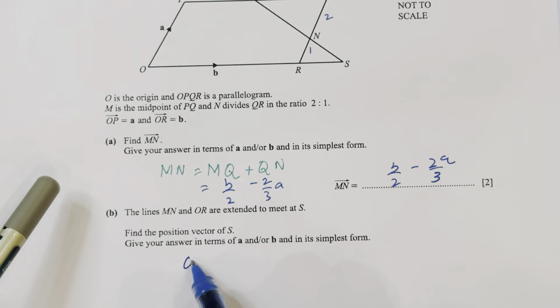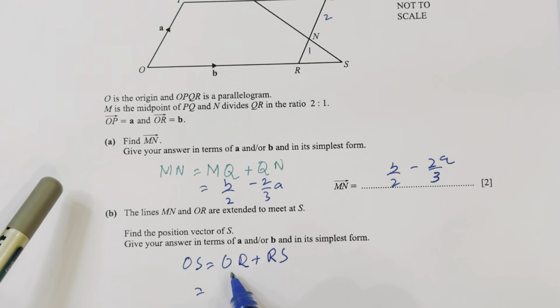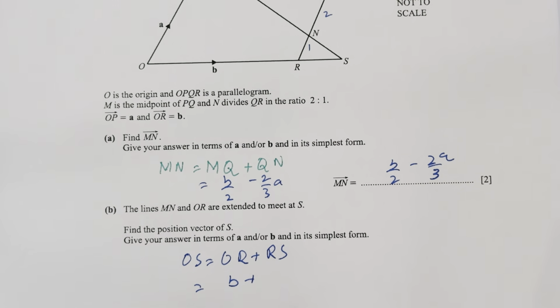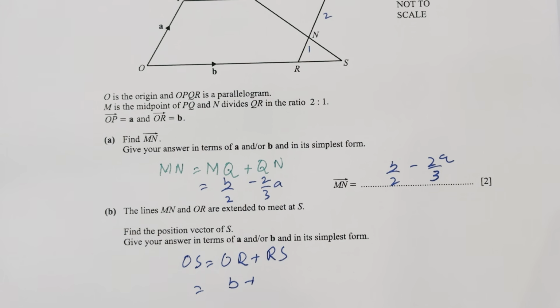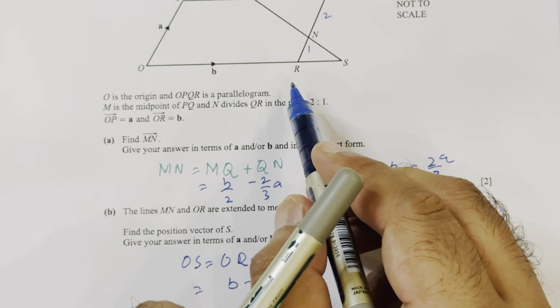We know that for the formula of OS we have the value OR plus RS. The value of OR is equal to B, and we need to figure out the value of RS. RS we can find out by comparing the triangles over here.